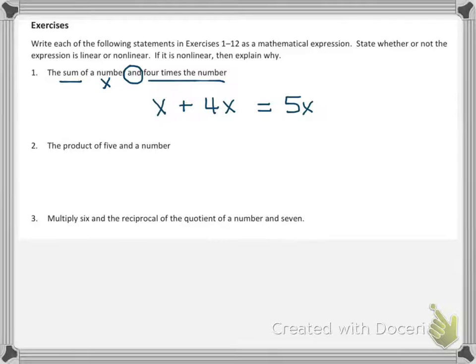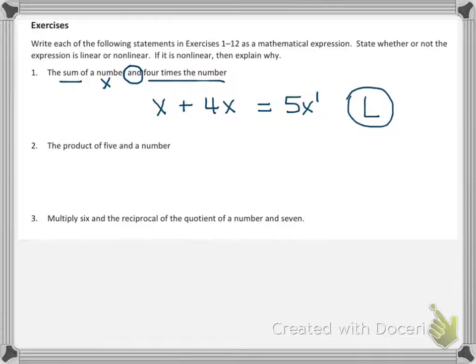And I know that since I have a coefficient, the product of a coefficient and a variable, I know that this is linear. And remember, if our variable has an exponent that is either a 0 or a 1, in this case x is raised to the first power because that's just x, then if it's raised to a 0 or a 1, then we know that this is a linear expression, so that's linear.